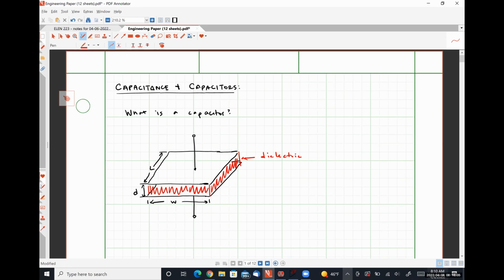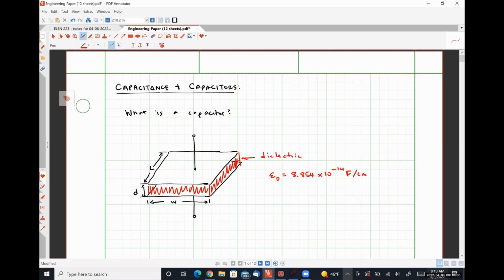Dielectric materials have what's called an electrical permittivity that is based on a fundamental quantity of physics. So for a vacuum, we have what's called epsilon naught, the permittivity of free space. That is 8.854 times 10 to the negative 14 farads per centimeter.